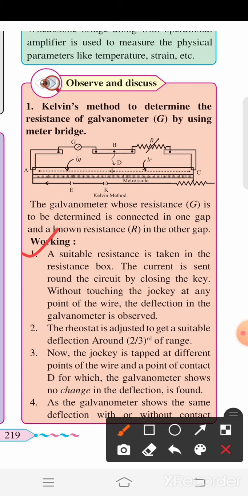Then we get a point D, the point of contact at which the galvanometer shows no change in the deflection found before without touching the jockey. The deflection we get without touching the jockey is again obtained by touching the jockey by taking a suitable value of resistance from the resistance box. As the galvanometer shows the same deflection with or without touching the jockey at points of wire AB.